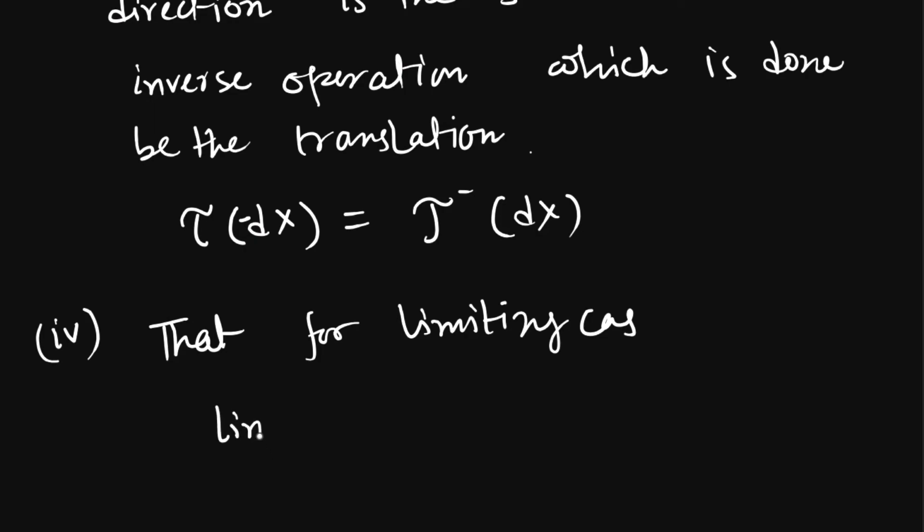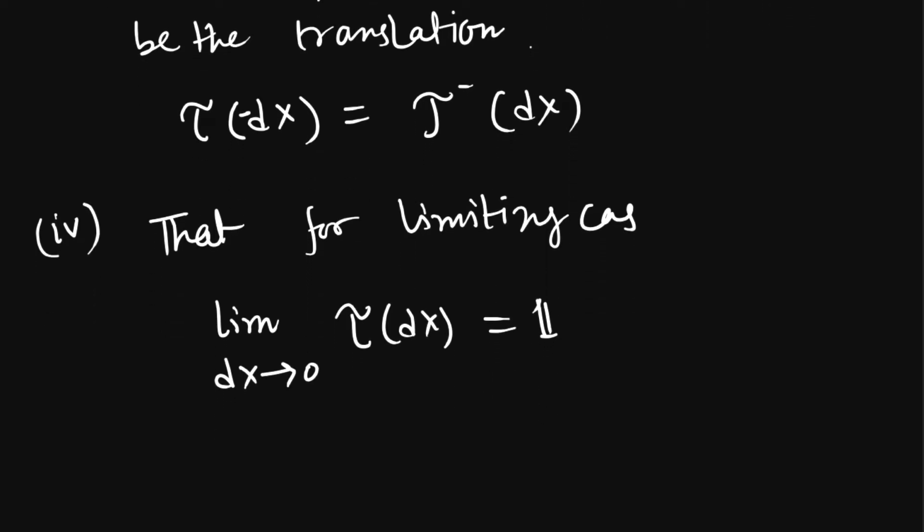That means the limit dx tending to 0 of tau dx should equal 1. That means when there is no translation, that is equivalent to saying that the state does not change. That means the limit dx tending to 0 of tau dx equals 1.